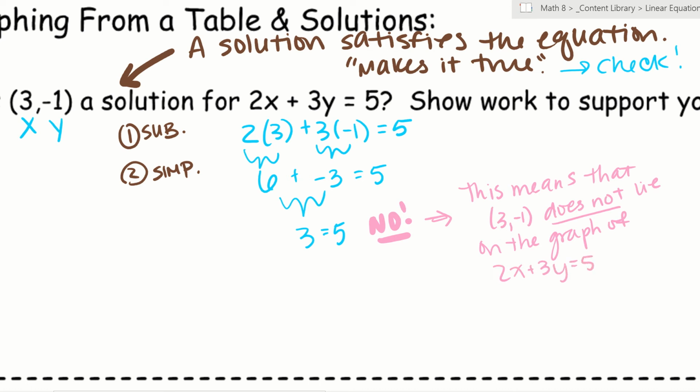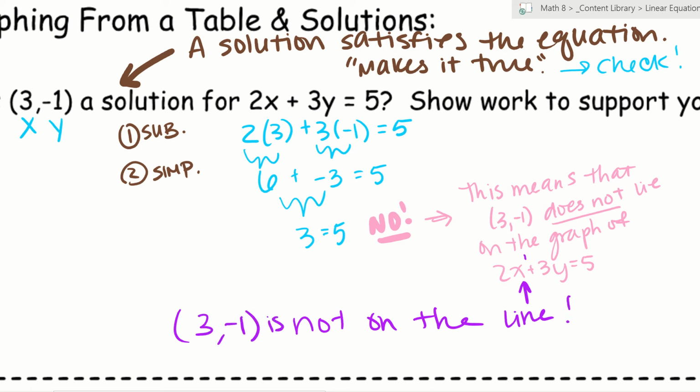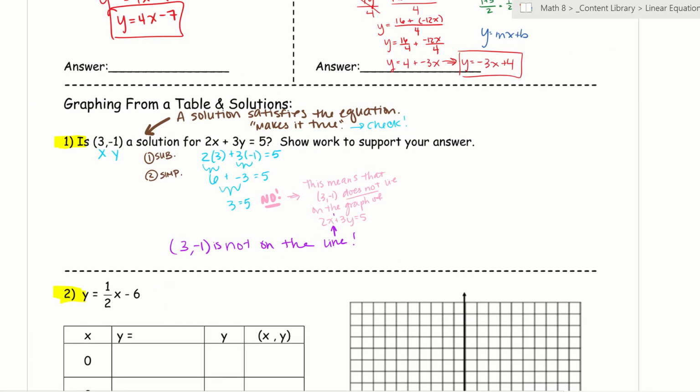And what type of graph would this look like? Well, we would look at the exponent on the x. Since the exponent on the x is 1, it is a line. So therefore, it is not on the line. Okay? And so that's how we know if it's a solution to a line.